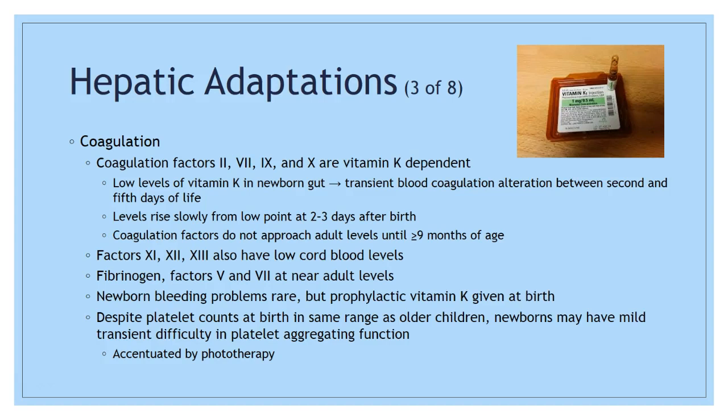Bleeding problems in a newborn are very rare. It doesn't usually happen. But we give this vitamin K as a prophylactic in case there is some type of bleeding problem that does occur. So think about your baby who has an elective circumcision. If we didn't give that baby vitamin K, he would have a very difficult time clotting off around the circumcision site.